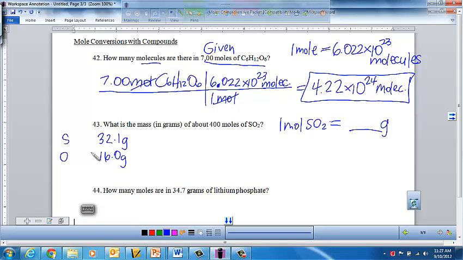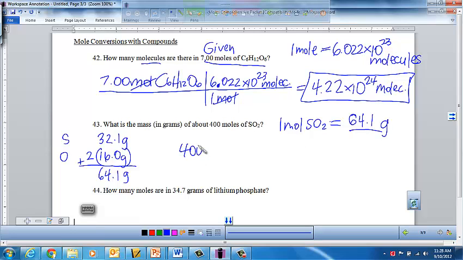And there's just 1 sulfur, but there are 2 oxygens. So I'm going to add these all up. So 32.1 plus 2 oxygens is 64.1 grams. And that's the mass of 1 mole of SO2.